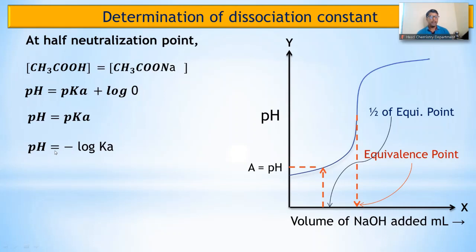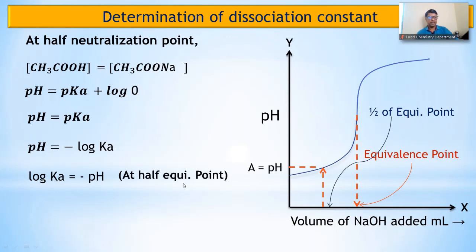So here pH is equal to minus log Ka, as you know that pKa is nothing but minus log Ka. Here Ka is the dissociation constant. Again we rearrange this equation: log Ka is equal to minus pH at half of the equivalence point.